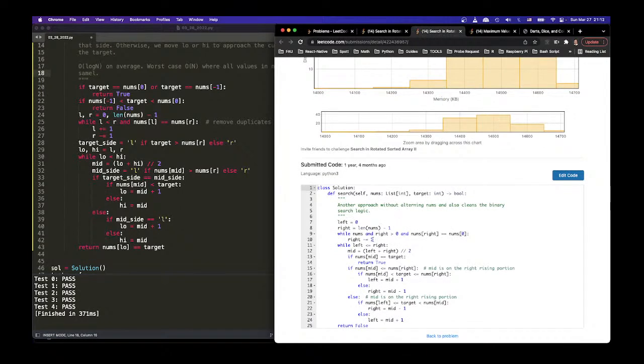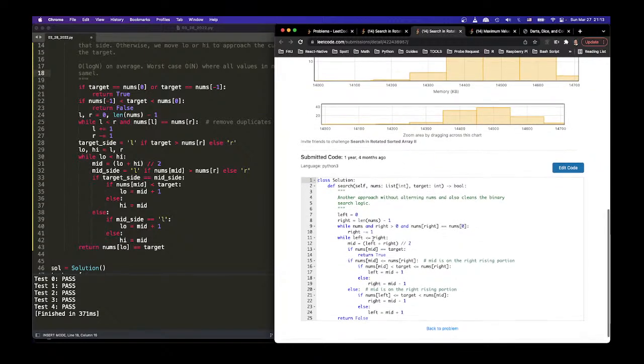We only need to move one side. Oh. But it's the same. For me, it's easier to consider it this way. Yeah, this feels like the same logic.